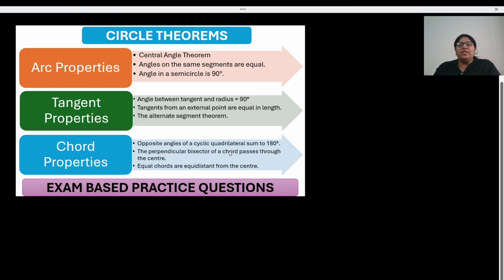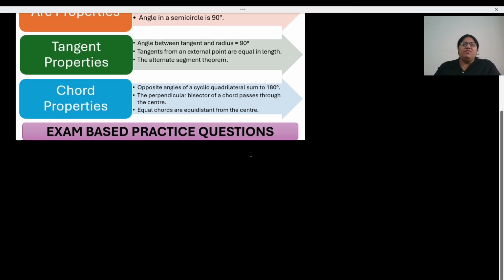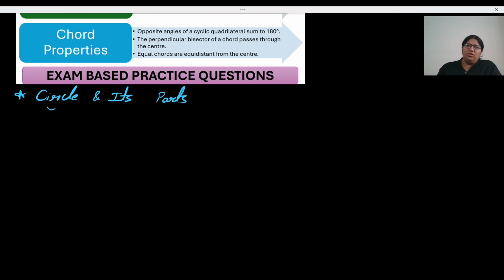Before we start these theorems, there are some basic things you should know. First you have to be aware of the circle and its parts, because you will be using these parts to solve the questions. If I take a circle here, there has to be a center.